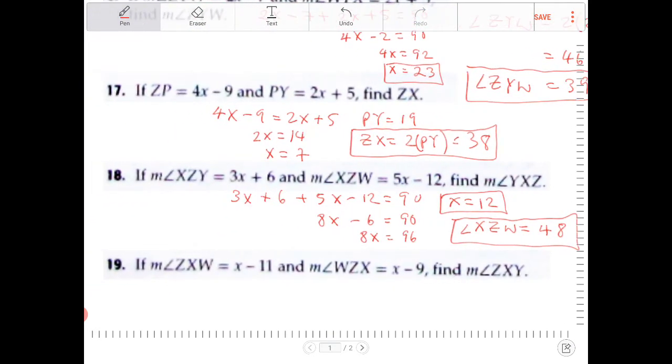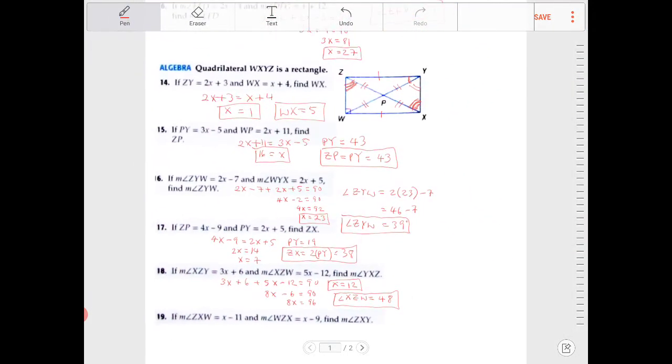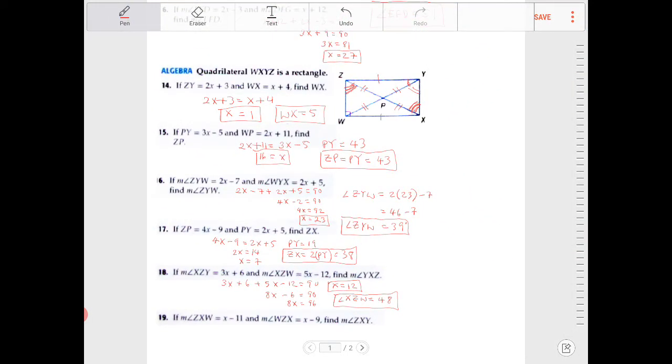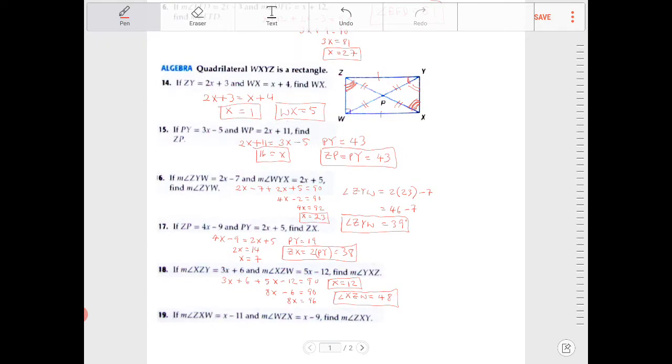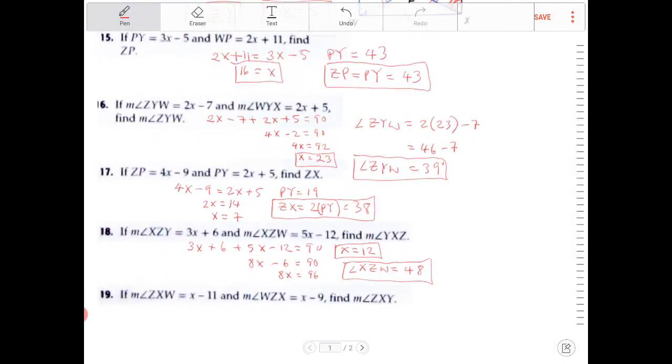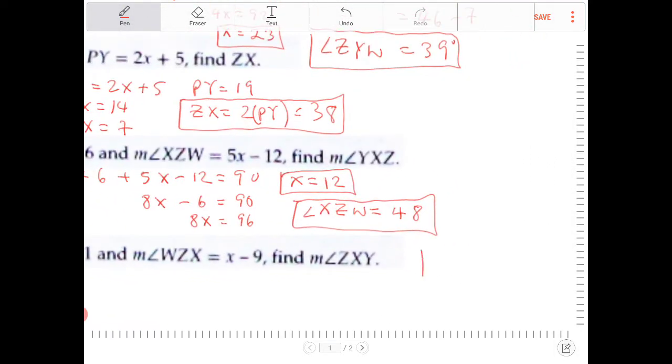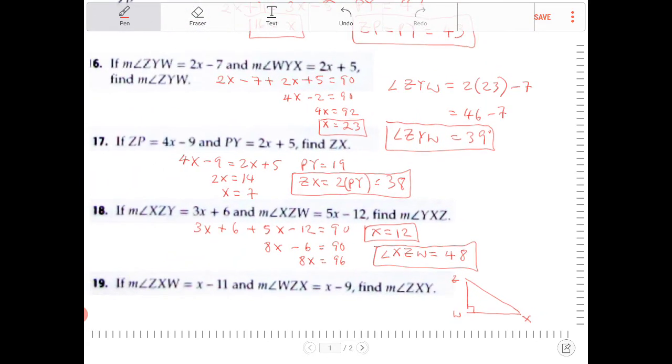Okay, angle ZXW and WZX. So I'm dealing with a triangle here, this right triangle, and I'm going to look at this in isolation.